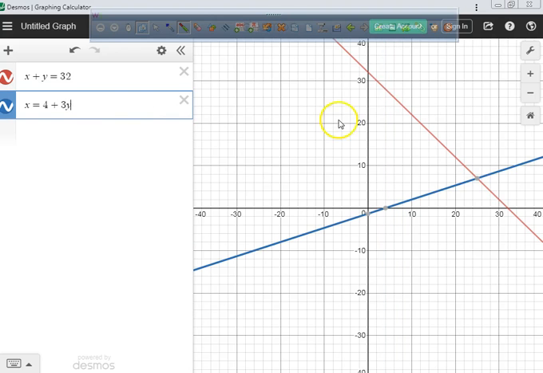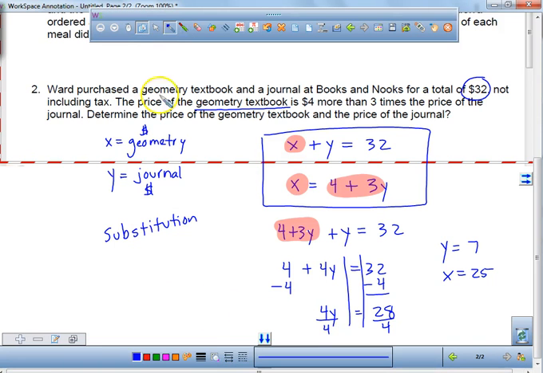There we go, 4 plus 3y. And we'll look at the point of intersection. And it tells us the point of intersection is at 25 and 7. Alright, so our ordered pair was 25 and 7, just like we solved for.